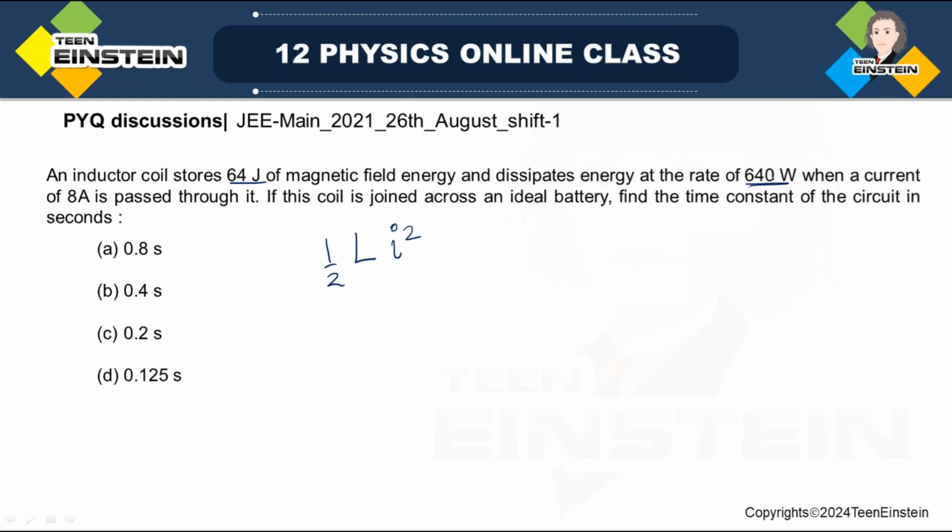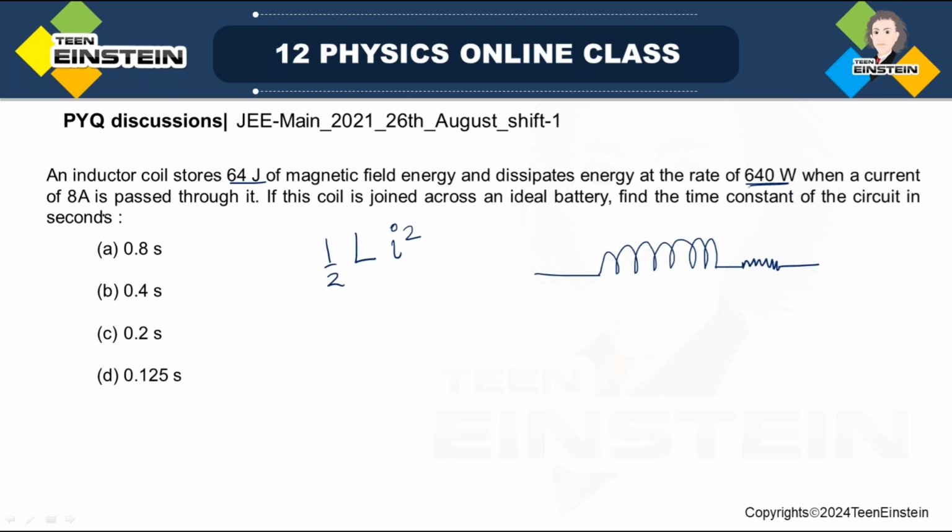watt. That means, see, any inductor coil inherently will have certain resistance connected in series with it. So it is storing magnetic energy, at the same time it is dissipating energy as heat energy also.